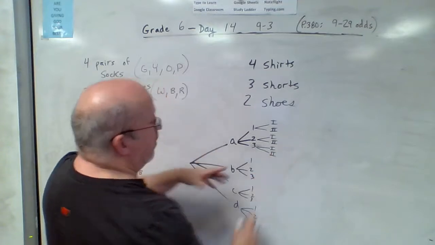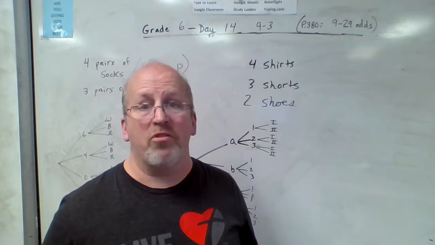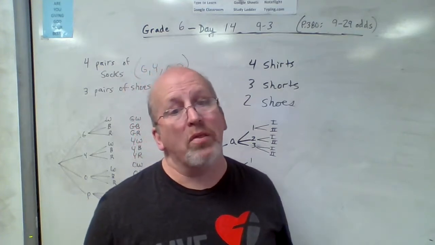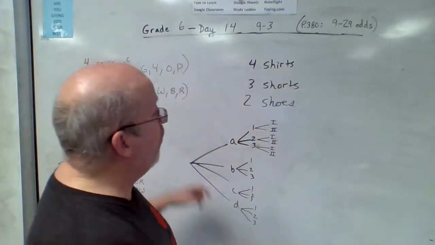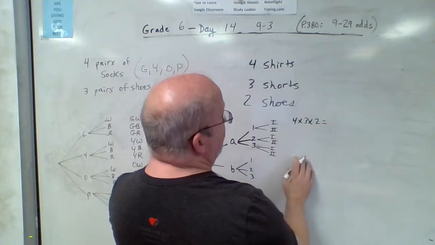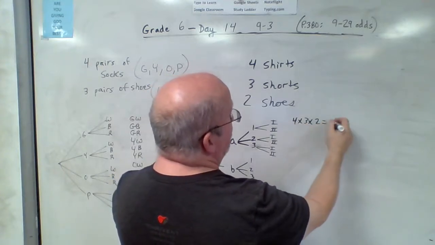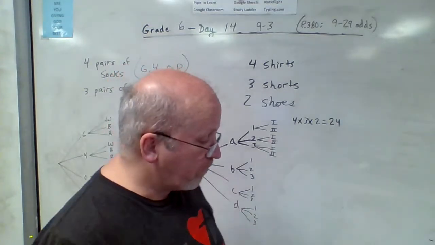Do you notice how complicated this tree diagram is getting? The fundamental counting principle says you can figure out the amount of outcomes, or in this case, the amount of outfits, simply by multiplying 4 times 3 times 2, which in this case would be 24 different outfits.